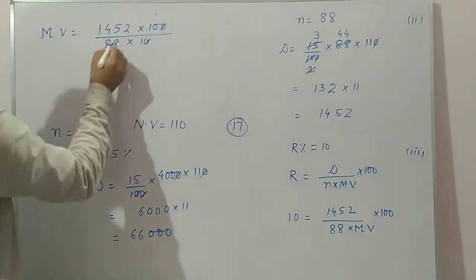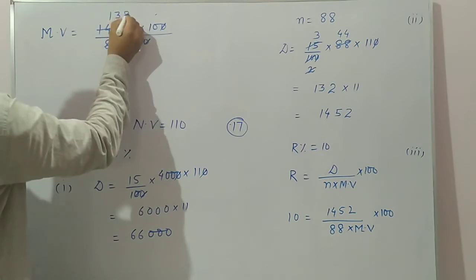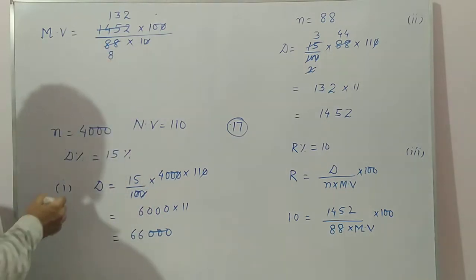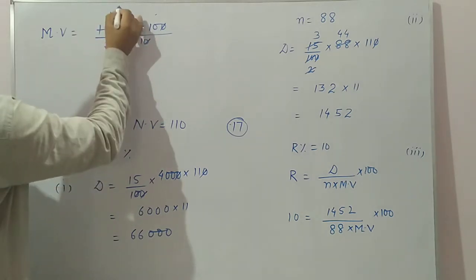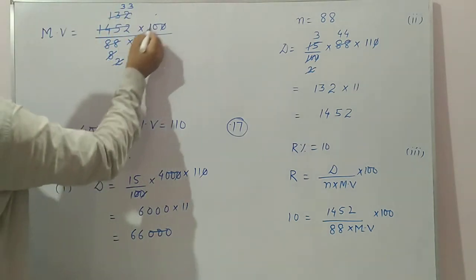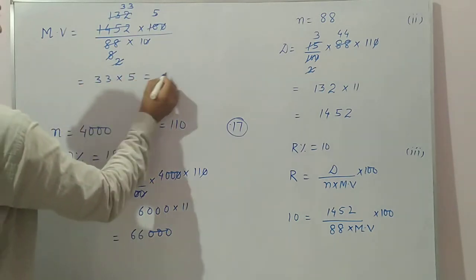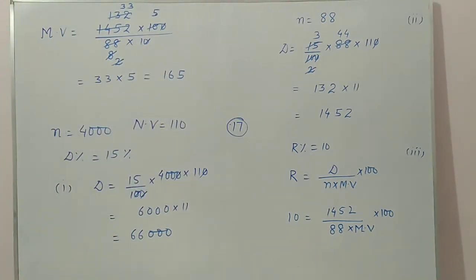This will cancel out. 11 8s are 88, 11 1s are 11, 11 3s are 33, 11 2s are 22. Next, 4 2s are 8, 4 3s are 12. Then 2 5s. So the market value is 33 into 5, that is 5 3s are 15, 15 plus 1 is 16, 165. Okay. So this is the price paid by Shahrukh for each share.